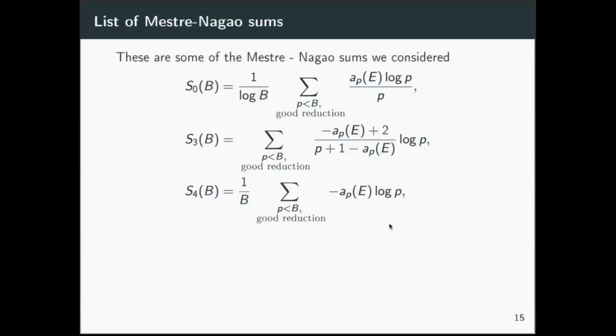Just for your illustration, these are 3 more Mestre-Nagao sums that people are using in the literature and that we consider. There are some others which are more complicated.